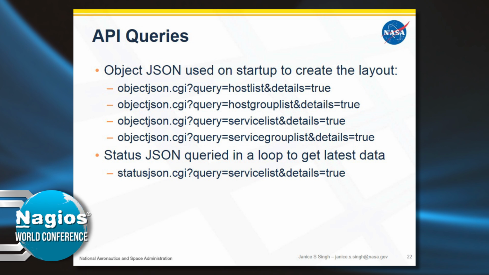So this just gets us all the hosts, how we've set them up in groups, how we set up the services, and we just do that the first time the daemon starts up, and then we have the configuration file. And then in a loop, we get what the current information is from Nagios, and we use that to update our data.